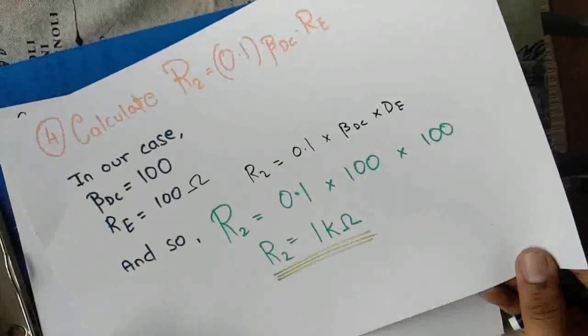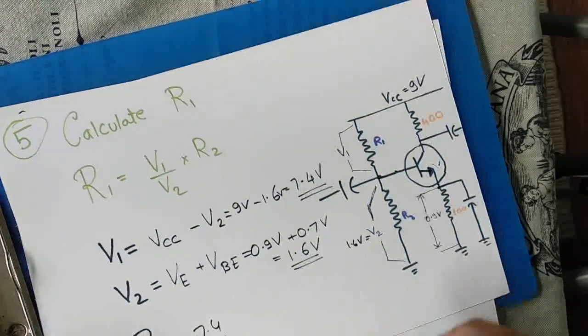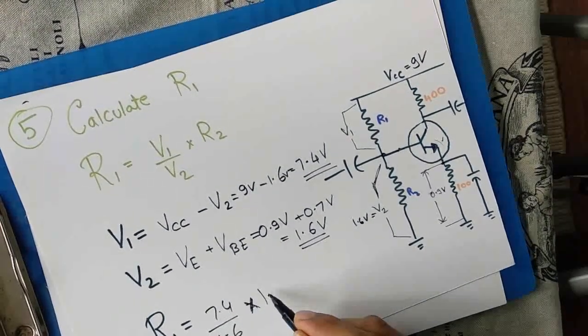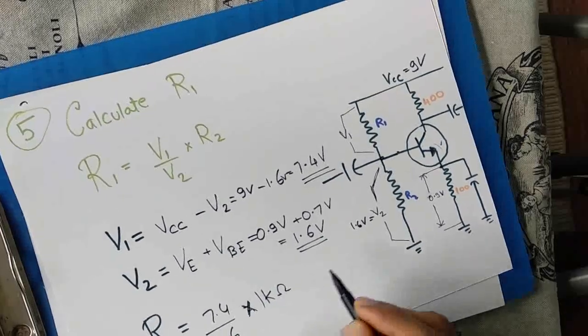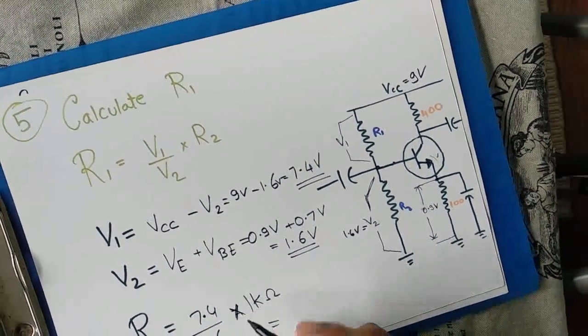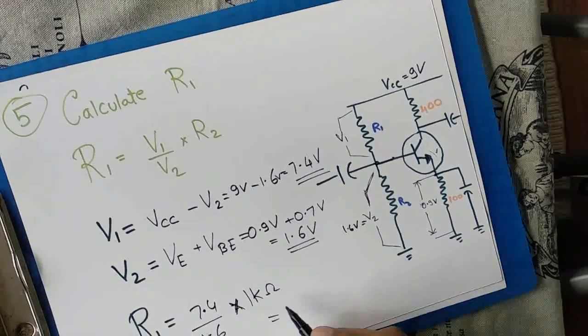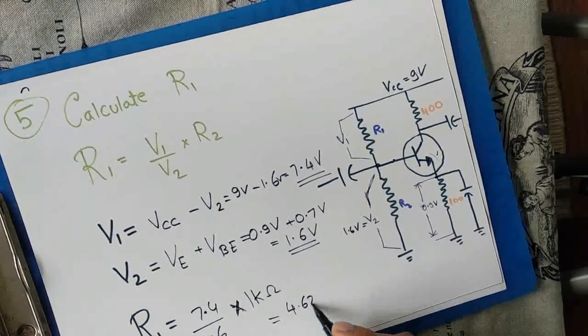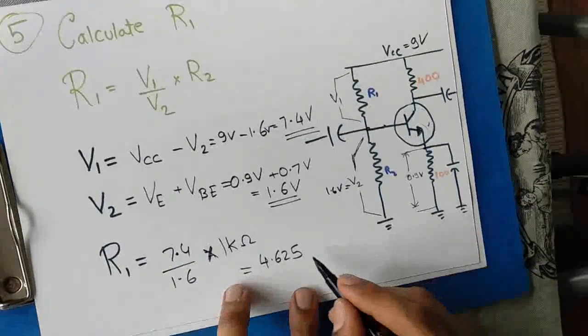The value of R2 was 1 kilo ohm. So we multiply this by 1 kilo ohm, that is 1000, and 7.4 by 1.6 should give, I think, 4.625, and we multiply this by 1000.